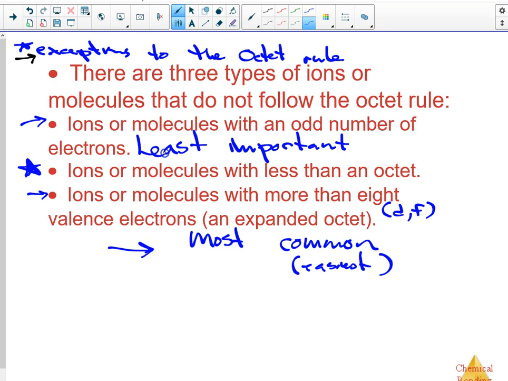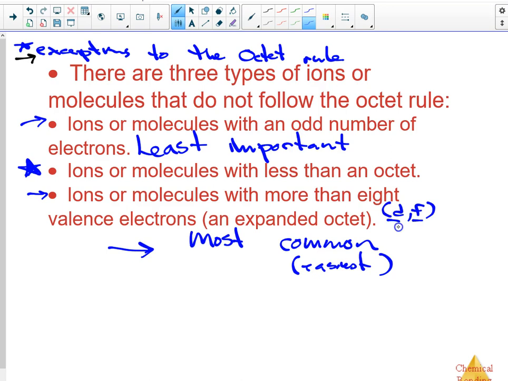All right. Ions or molecules with more than 8 valence electrons, and that is by far the most common and the one that you should make sure you understand. The reason here is we can expand an octet. We can go greater because now we have the D and the F shells that we can fill. All right?